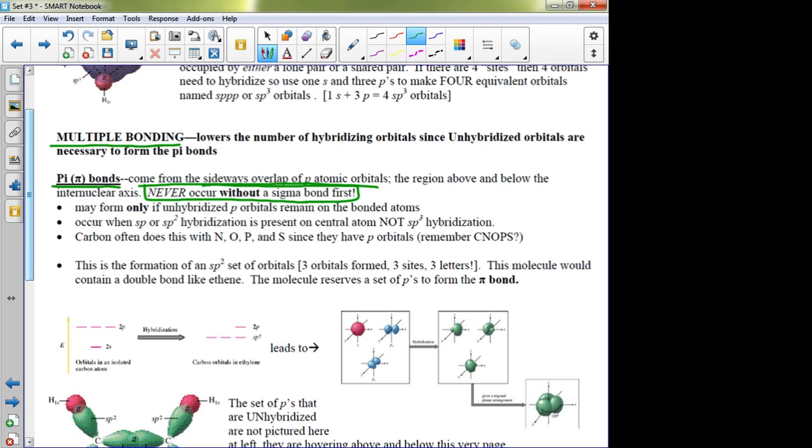So before I ever have a sideways overlap, I'm always going to have a head-to-head first. Sigma bonds only happen from hybridized orbitals. This is important for you to understand the next concept we're going to talk about. Pi bonds happen from the unhybridized orbitals.